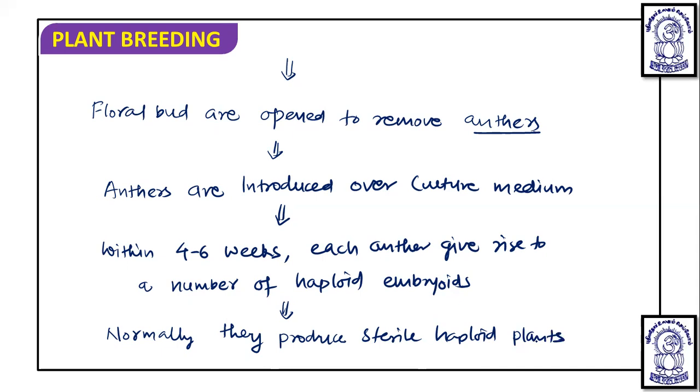So if we want a diploid plant from this, it is known that colchicine is a chemical and it is a type of mitotic poison which carries out polyploidy or increase in chromosome set.